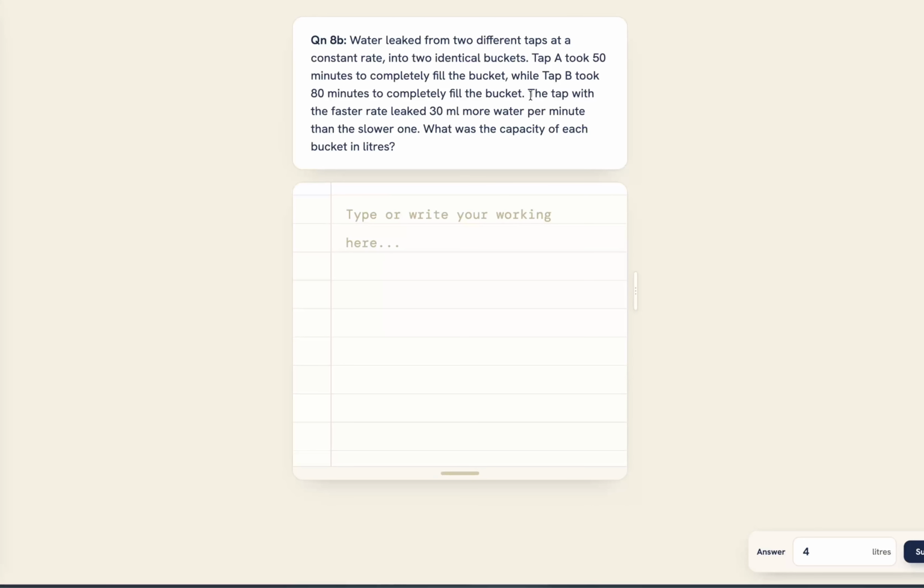For part B, what was the capacity of each bucket in liters? To calculate the capacity according to rate, for example, we have a rate of 10 milliliters per minute and 10 minutes. The total capacity is 10 milliliters times 10 minutes, which equals 100 milliliters.